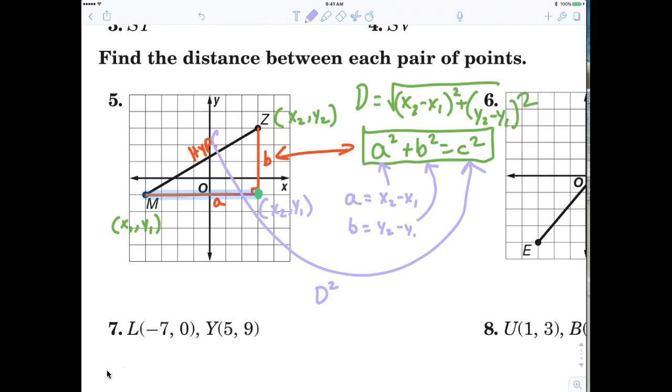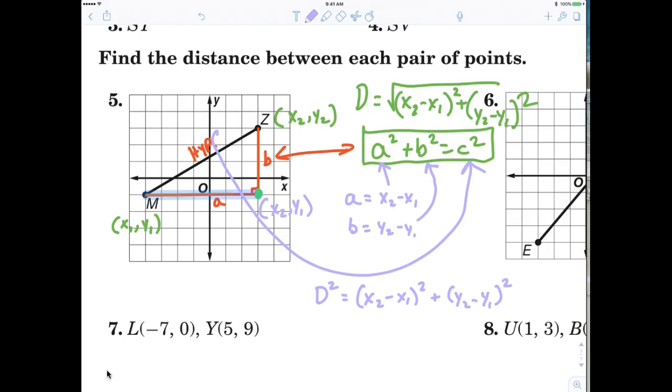I could also put the hypotenuse there, but since we're looking for the distance, let's put distance. Distance squared is equal to x2 minus x1 squared plus y2 minus y1 squared.